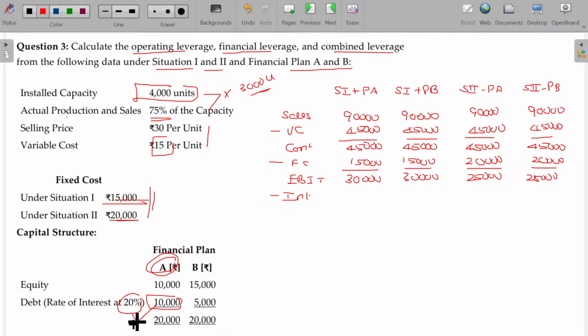If you multiply, then 2,000 will be the interest for financial plan A, as well as here. These two are financial plan A. And in case of financial plan B, 5,000 at 20%, 1,000 for this one as well as here.